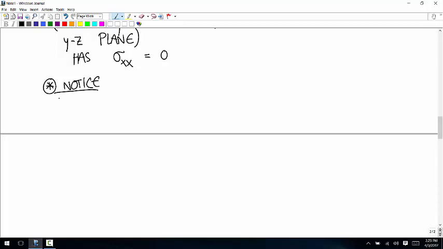When we calculated the stress due to tension, it didn't matter where you were on the cross section. It didn't vary over the cross section.